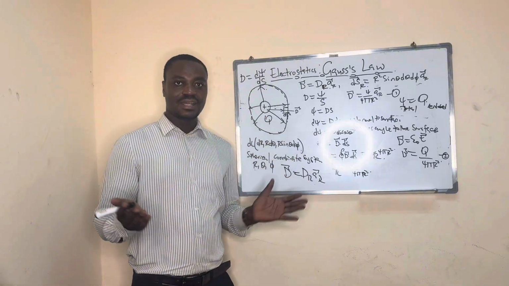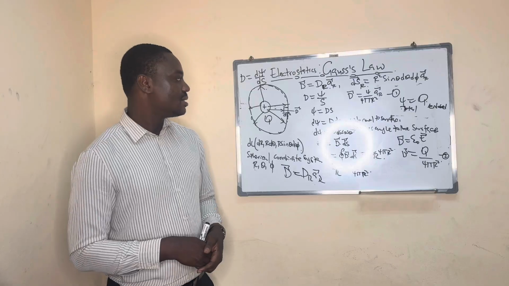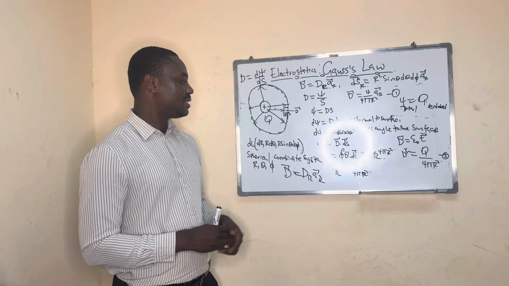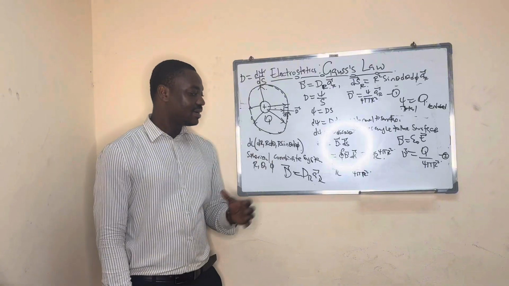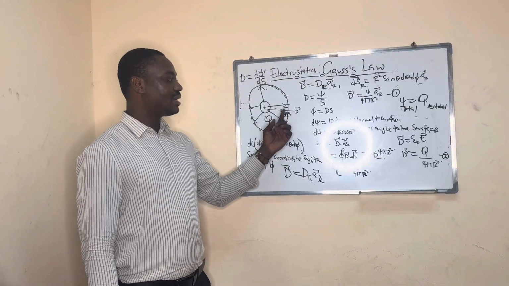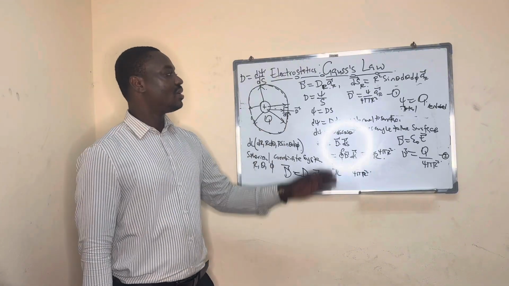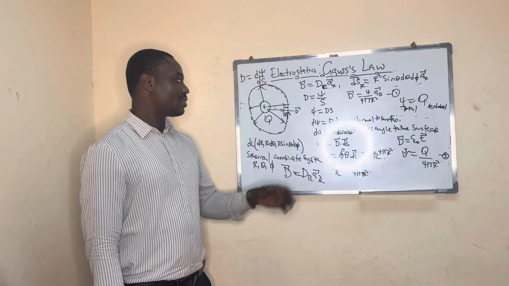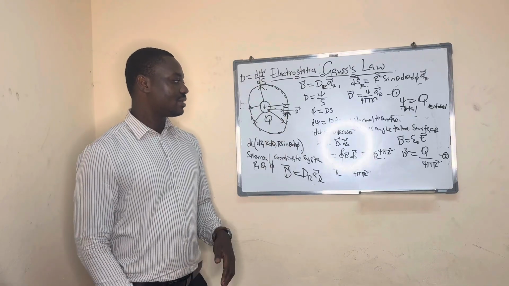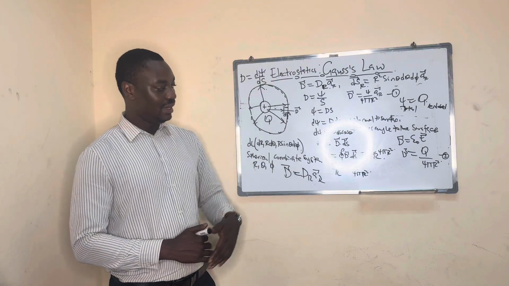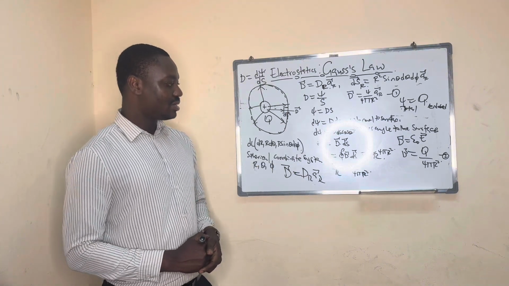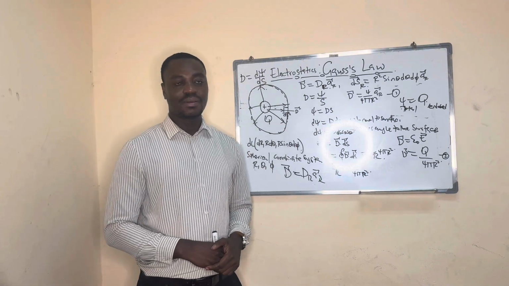As you can see, a spherical body is symmetrical in the sense that if we were to divide it into two, you have two equal halves. That's why all the other components of the electric flux density vanish, because it's a spherical, symmetrical body, and we're able to get this as a result. And this is what Gauss's law is all about.